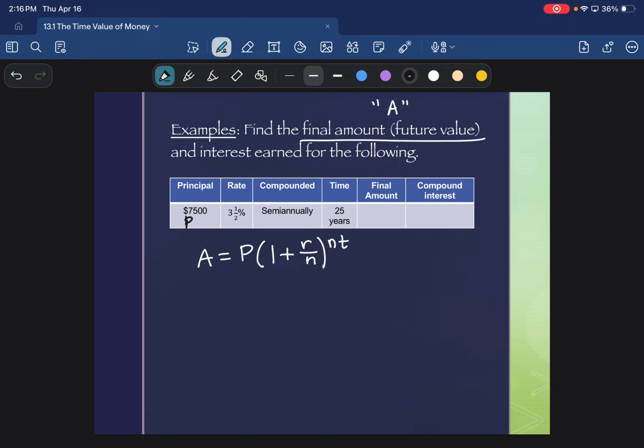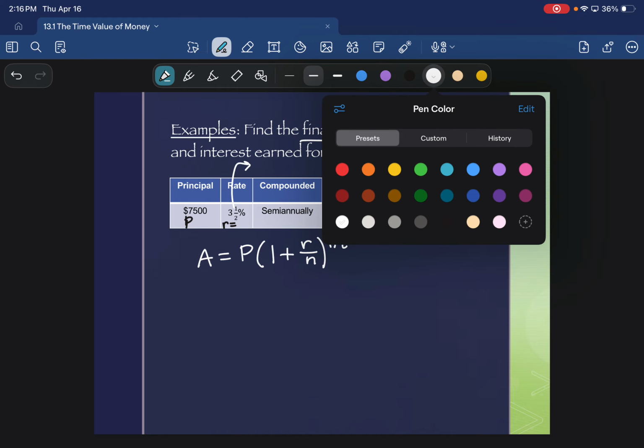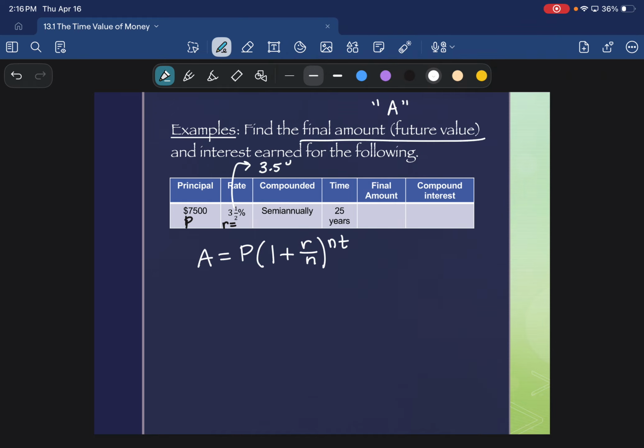What is the 3.5%? The top of the fraction. 0.035. Okay, so it's the rate, and we have to turn it into a decimal. If I express 3.5% in its percent form, it looks like 3.5%. Everybody good so far? But if I want to turn the percent into an actual decimal, then I need to move the decimal place 2 to the left, which means it's 0.035.